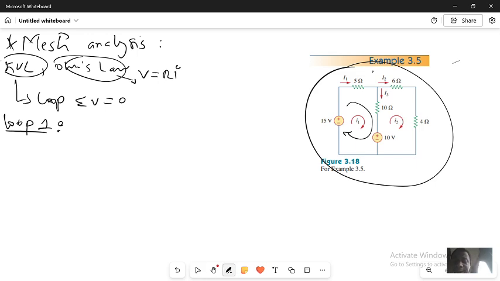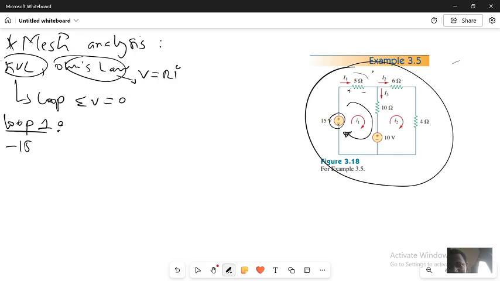So let's see, in this loop, when we have the arrow of this current, in KVL we will always take the sign of where the arrow is coming. We see this arrow of the current is coming to the minus of this source, so I will have minus 15 here. This same arrow, when it comes in this element, I will have 5, meaning that it should come from this plus minus. It's going to be plus 5.